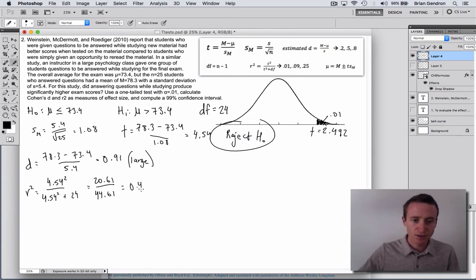That gives 0.46, and the large value of r squared is 0.25, so that's much larger. You could say again very large or large.